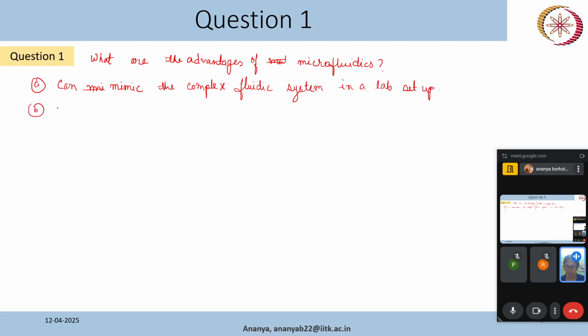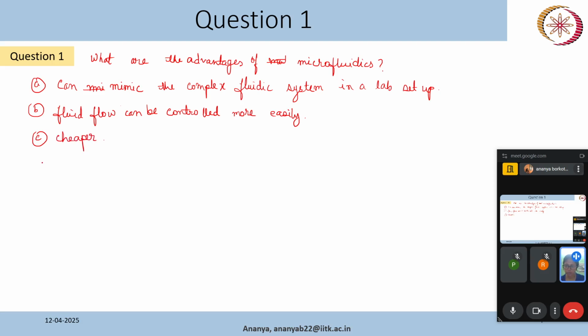Option B is fluid flow can be controlled more easily. Option C is these are cheaper.